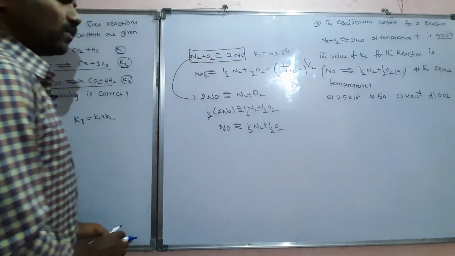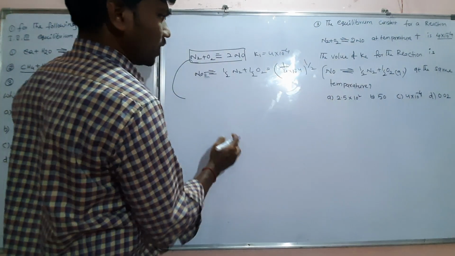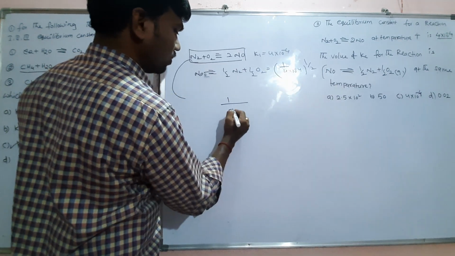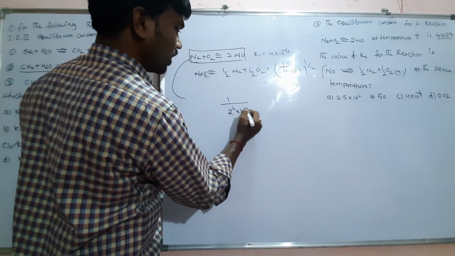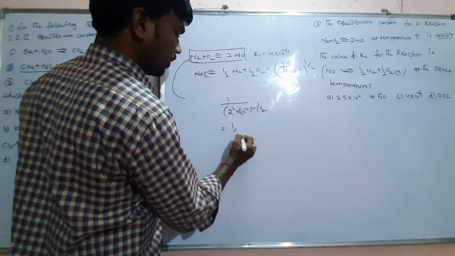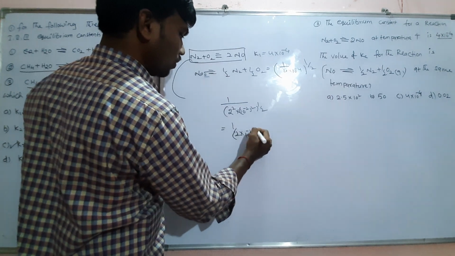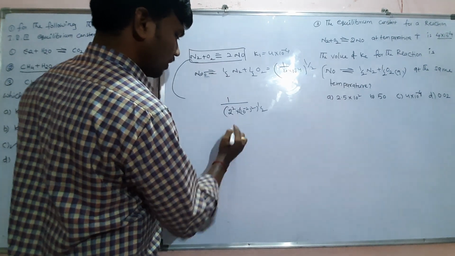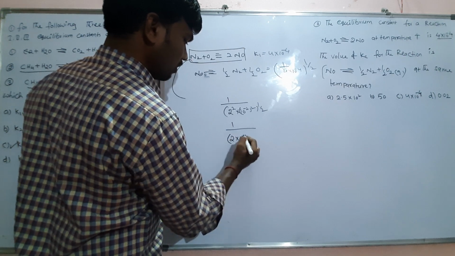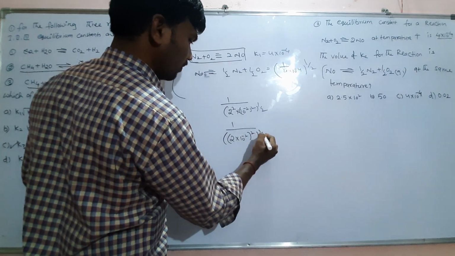I told you when you multiply the equation, the power will come. So 1 by 4 into 10 to the power of minus 4, whole to the power of 1 by 2. Here, 1 by 4 can be written as (2 square into 10 to the power of minus 2) whole square, whole to the power of 1 by 2. That is 1 by 2 into 10 to the power of minus 2, whole square, whole to the power of 1 by 2.